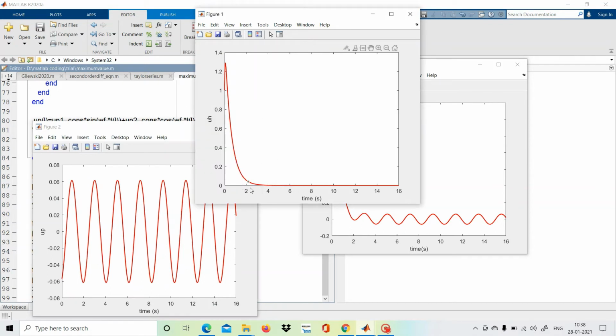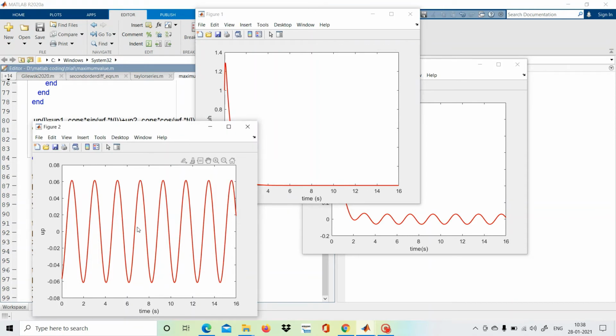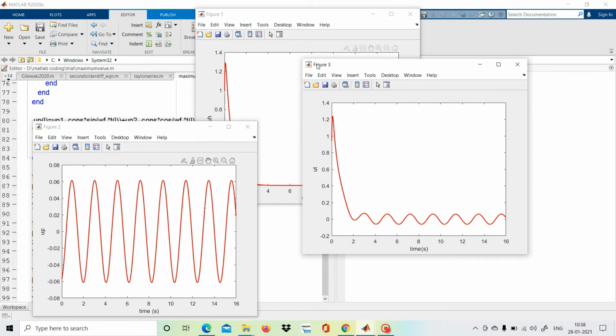After 2 seconds the oscillation has ceased, so it is our homogeneous solution. And then again the particular solution, whose vibration is continuous and independent of time, means it does not get diminished with time, so it is constant with time. And then the total solution is the sum of both, and we can see here.